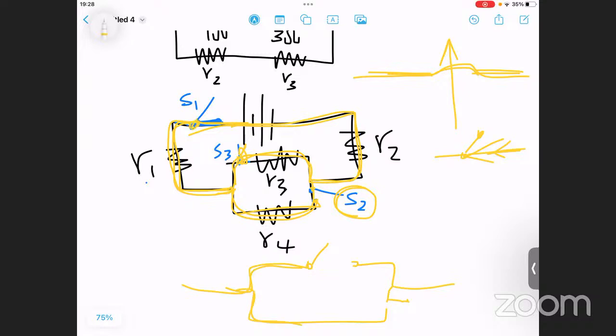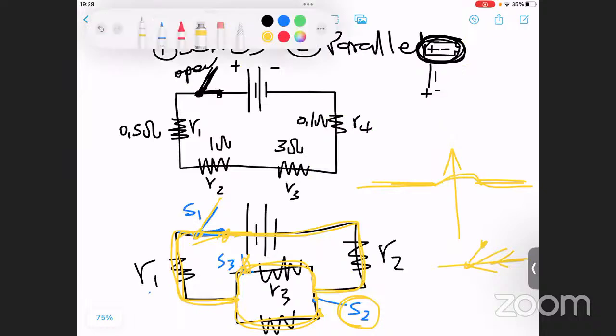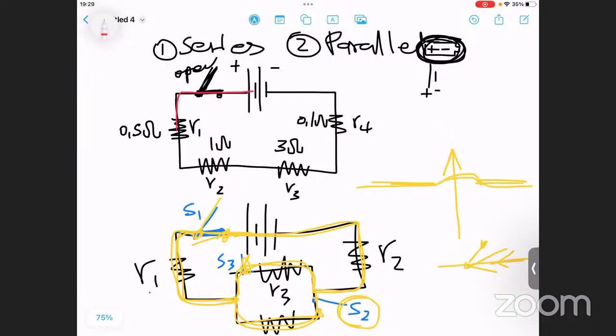Similarly, when you have switch 1 open, it means electricity cannot have a complete flow. By a complete flow, we simply say the electricity must be able to flow from the positive side without breaking, continuously flowing in that direction. But the moment there is a break there, already it can't flow.